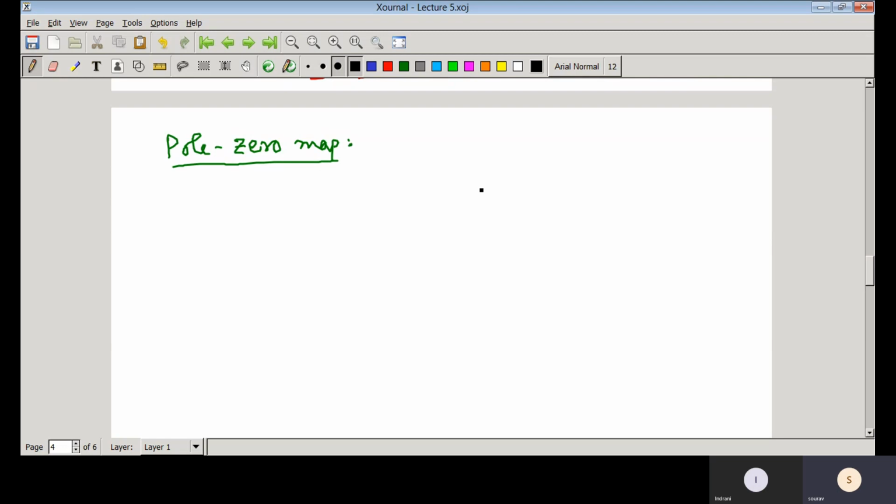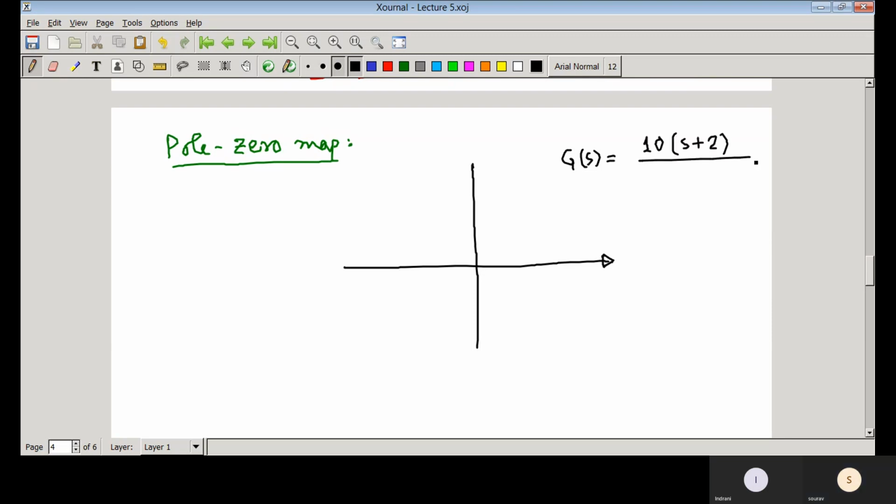So let us see the pole zero map of this above function. The G(S) that we have taken is 10 times (S plus 2), and then (S plus 1) and (S plus 3) whole square.